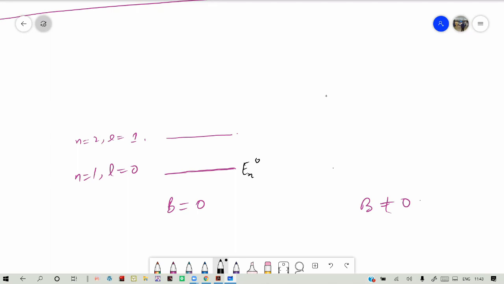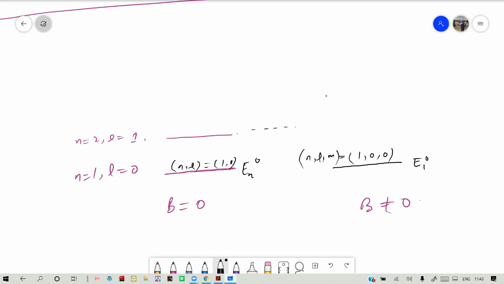So when M equal to 0, we have only one energy level. That will be E10. And this B is not equal to 0, so this is the 1, 0, 0 state. This is N and L, that is 1, 0. Now we have M: 1, 0, 0.